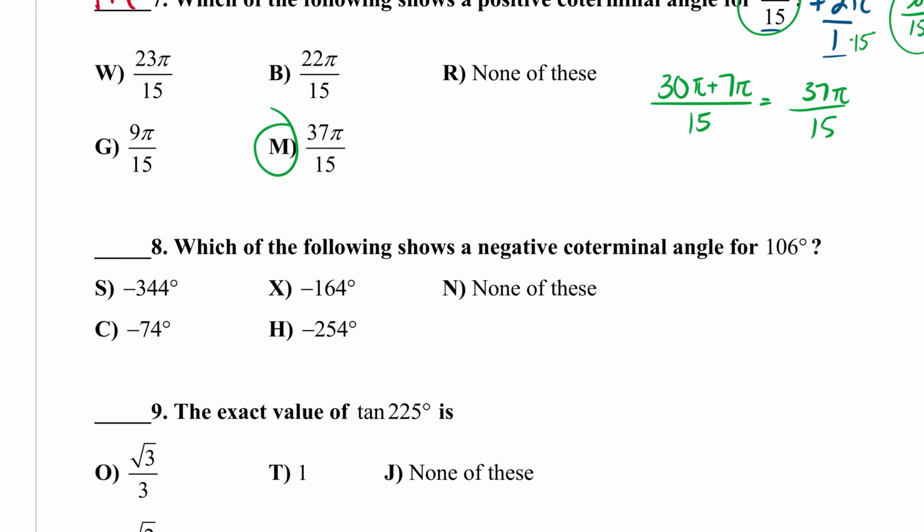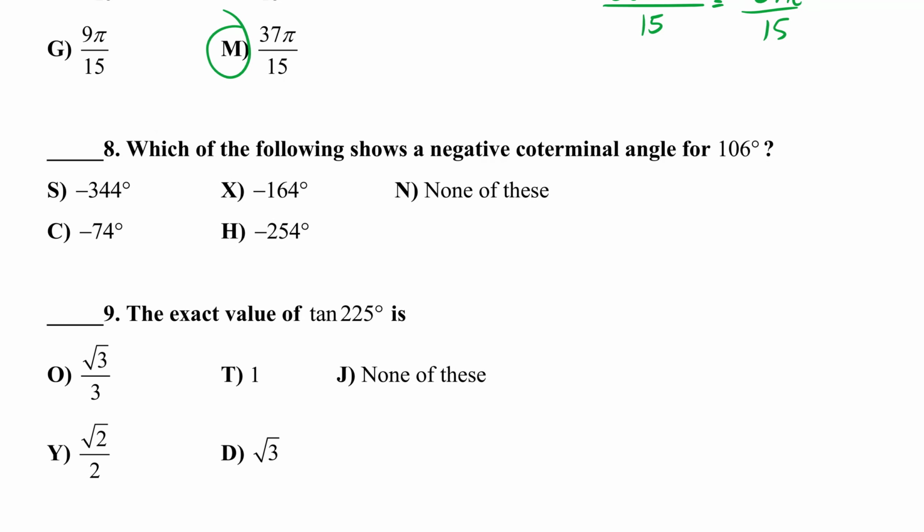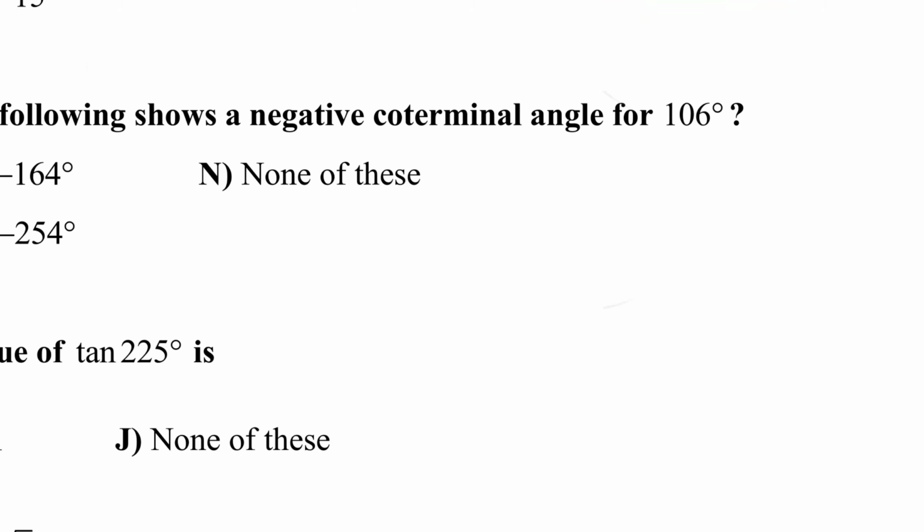Now 8, negative coterminal. Okay, so for radians on number 7, or you might have radians on 8, it just depends on your test. So if I get radians, I add or subtract 2 pi. I just got to change the denominator. If I get degrees, like number 8, and you might have it on 7, it just depends. So to get positive or negative coterminal angles for degree measurements, you would add or subtract 360.